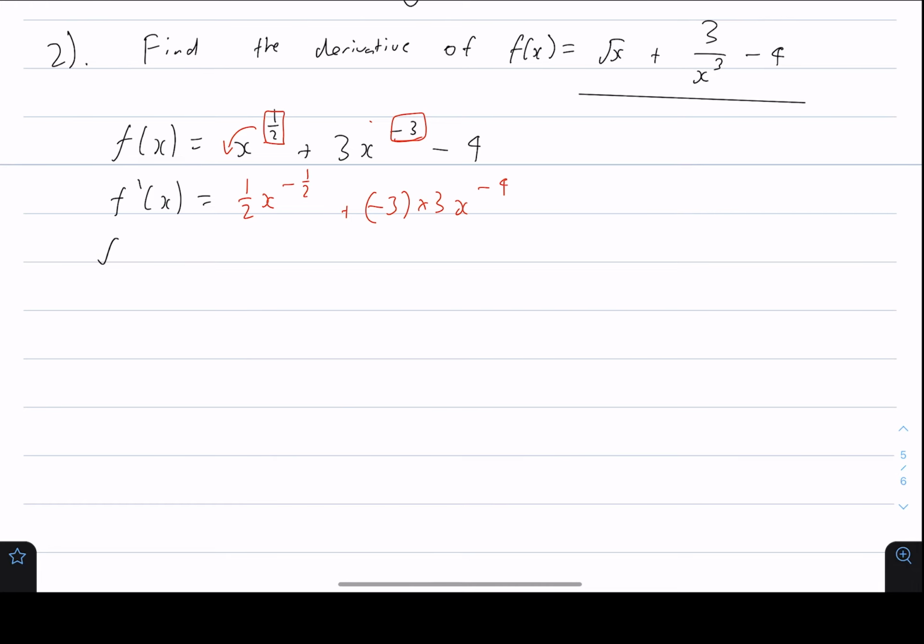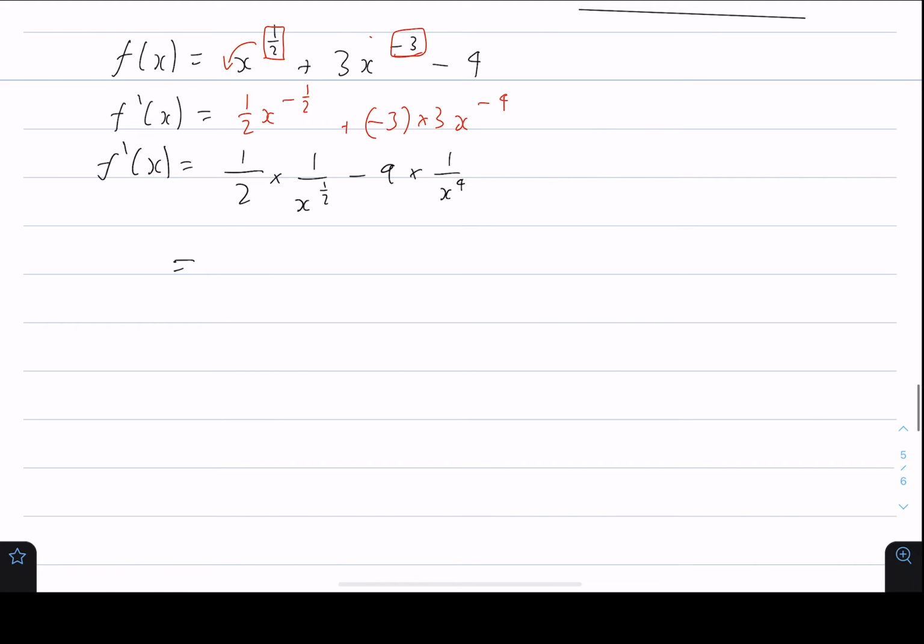So what we have is x power of negative half is just going to be 1 over 2 times 1 over x power of half, because the negative indice means it's going to be flipped and the negative disappears. And then negative 3 times 3 will be negative 9, so we have minus 9 times 1 over x power of 4.